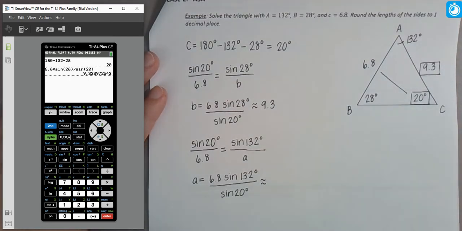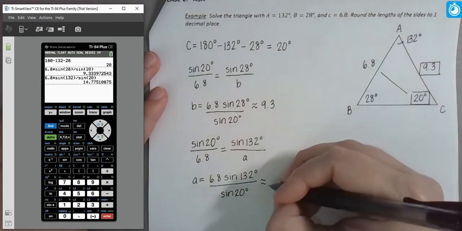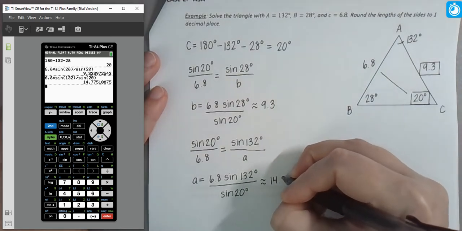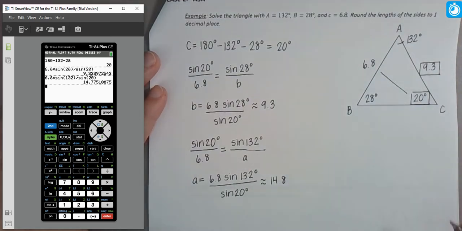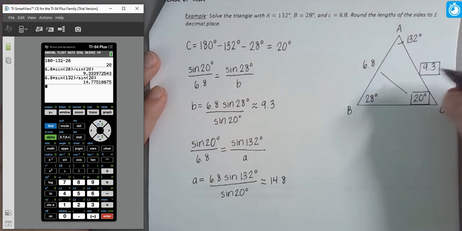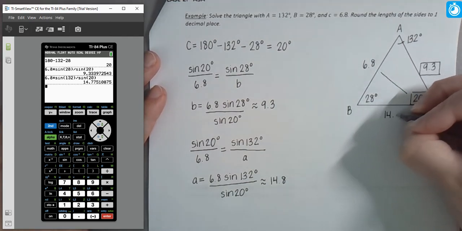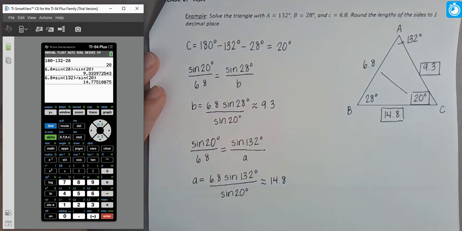And so plugging that into the calculator, 6.8 times the sine of 132 degrees divided by the sine of 20 degrees, and we get about 14.8 units. So as expected, the largest side is opposite the largest angle. And so there's our values there.